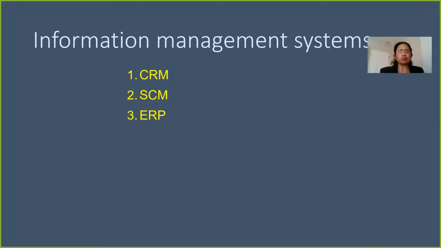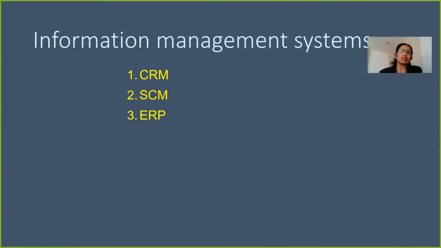Number 3 is called enterprise resource planning. This is one of the most powerful information management systems that universities have. They have to manage their student records, enrollment, students leaving, graduation, accommodation, and government communications. For international students, their management too.